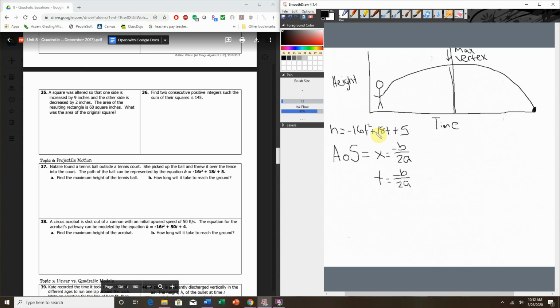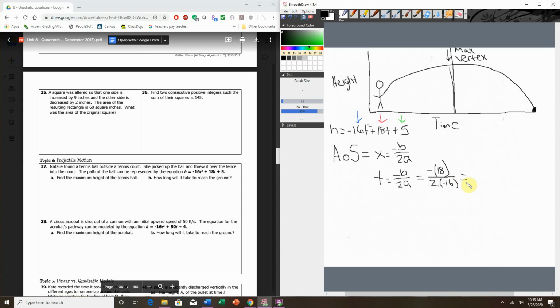Now if you remember, this is a quadratic, so we can go through and label our a term, our b term, and our c term. And then we're just going to plug in what we already know. So our b term is 18. Remember, this formula calls for a minus sign, so it's going to simplify to minus 18 over 2a. So we have a 2, and the a is negative 16.